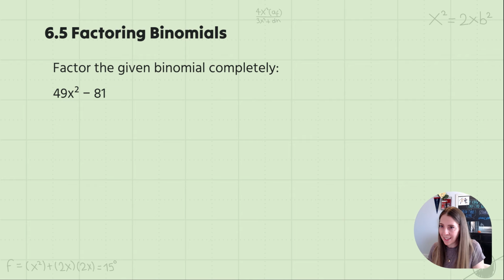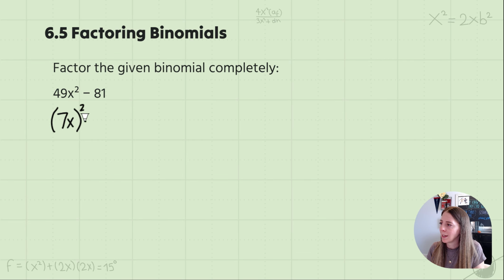So I'm going to begin by rewriting these terms as squares. 49x squared can be rewritten as 7x to the second power, right? Because then we would distribute the 2, that would be 49, and x squared.